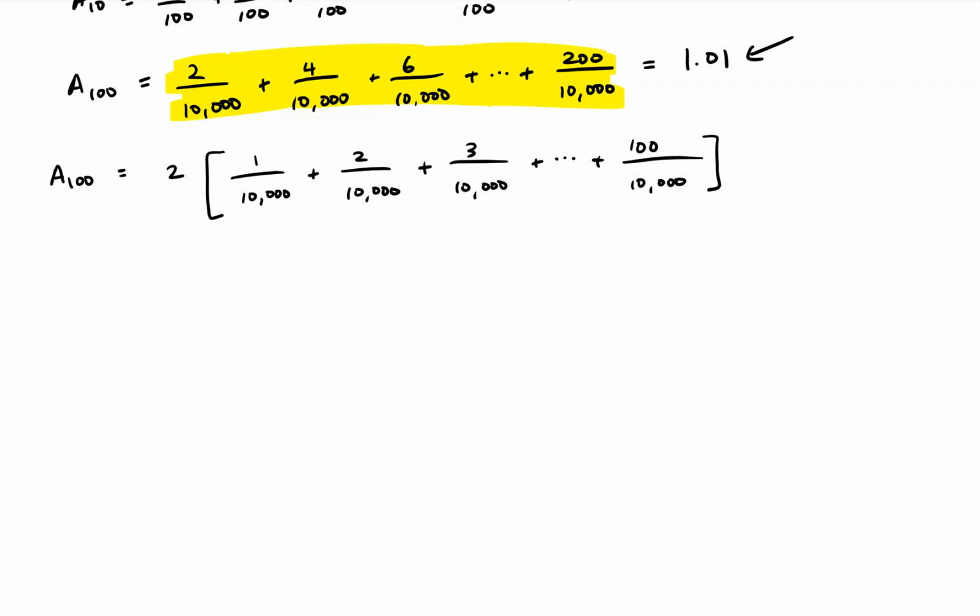So essentially, if you look at the numerators, you are trying to add up 1 plus 2 plus 3 plus dot dot dot plus 100. So basically you're trying to add up all of the integers between 1 and 100. And there's this famous story in math where the famous mathematician Euler in 3rd grade had a teacher that didn't want to teach the class, so he gave this 3rd grade class the task of adding up the first 100 integers.